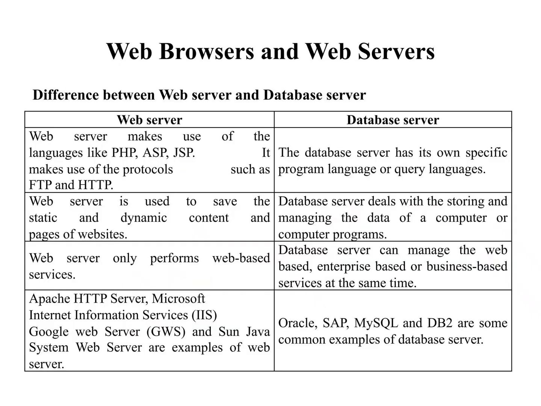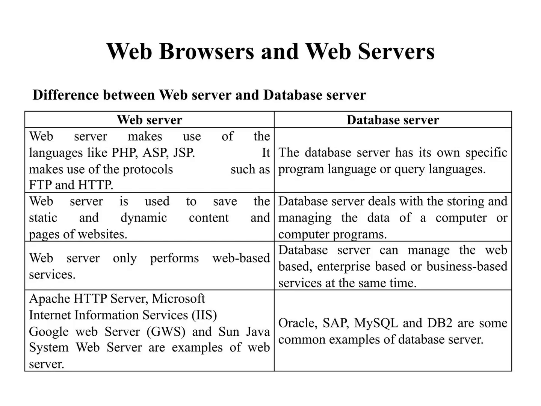Let's see the difference between web server and the database server. First, web server uses languages like PHP, ASP, JSP, and protocols such as FTP and HTTP. But database server contains its own specific program, language or query language.